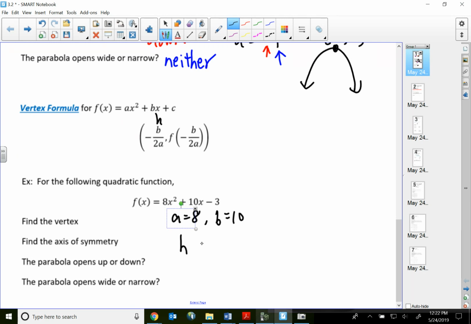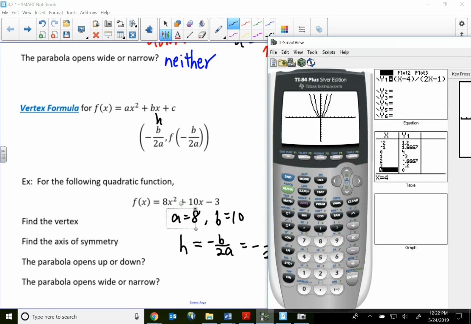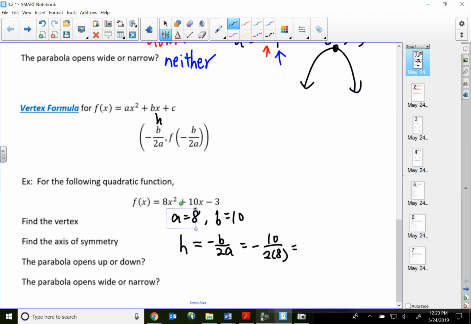So my h, which is the x value of my vertex, is going to be -b/2a, which is -10 over 2 times my a, which is 8, which is -10 over 16. Reduce. It's going to be -5/8. All right, that's -5/8. That's my h. That's the x value of the vertex.